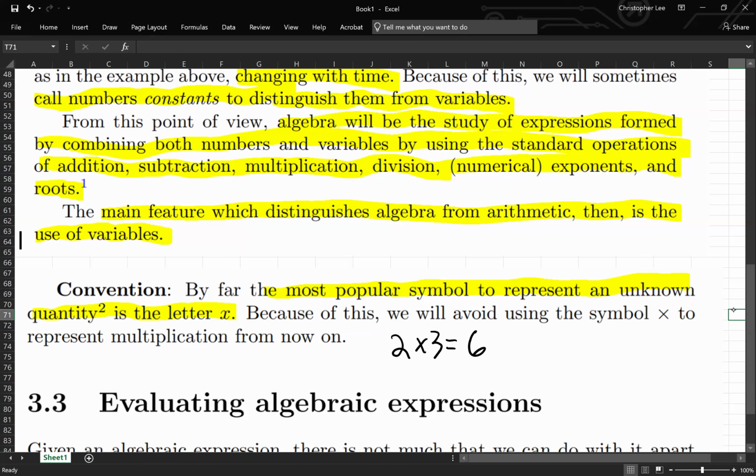Because whenever I'm talking about variables, like say I want to do 2x plus 3 equals 6, it's a little confusing, you know? So other ways that you can show multiplication, there's a dot multiplication. So you can also say something like 2 dot 3 equals 6. You can also put it in parentheses, 2(3) equals 6. Those all mean the same thing, right? Just trying to show you guys some different conventions, right?